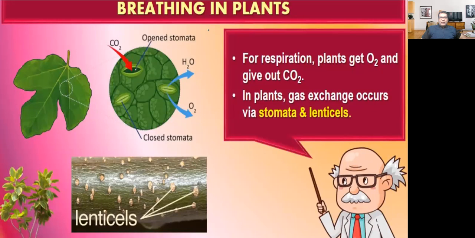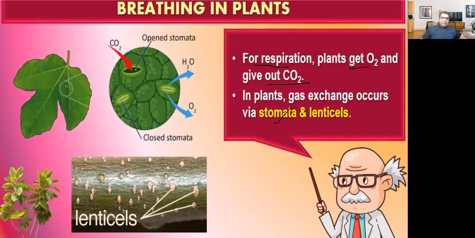Now breathing in plants. Breathing means exchange of gases. For respiration, plants get oxygen and give out carbon dioxide. In respiration, oxygen comes inside the plant body and carbon dioxide is released. In plants, gas exchange occurs via stomata and lenticels.